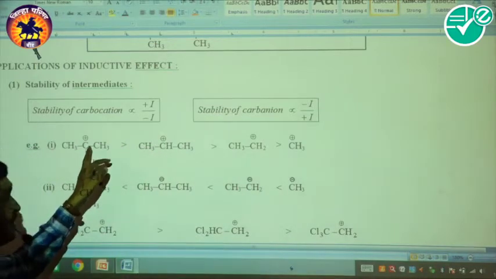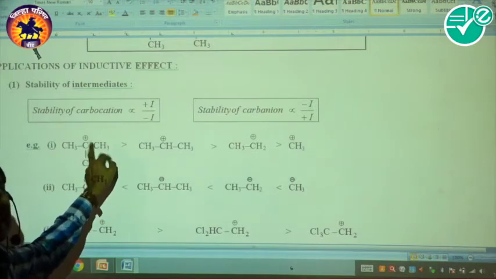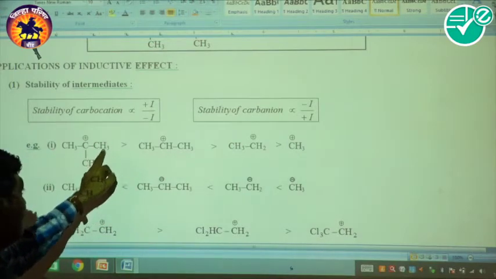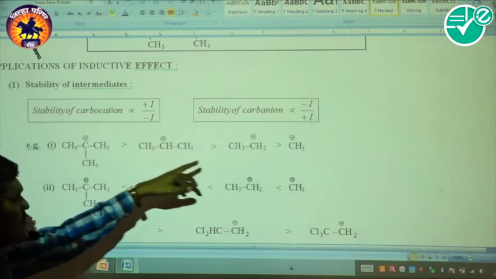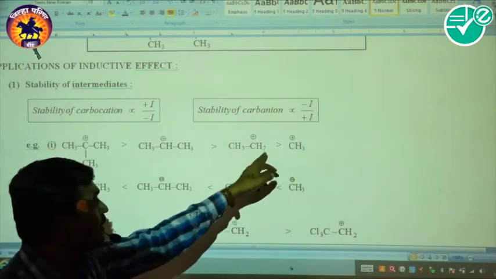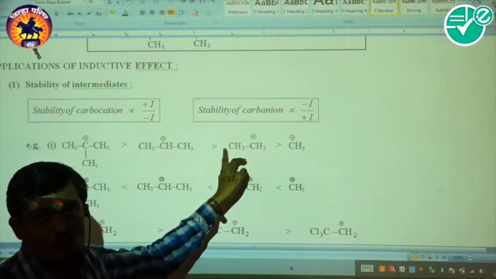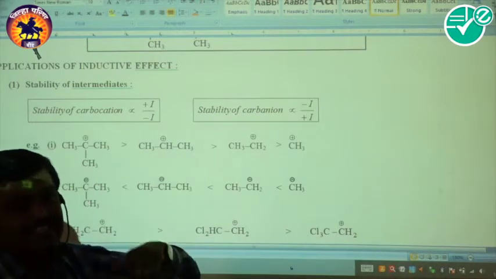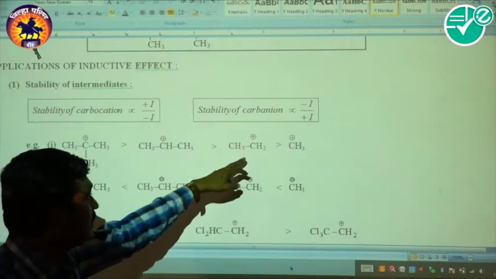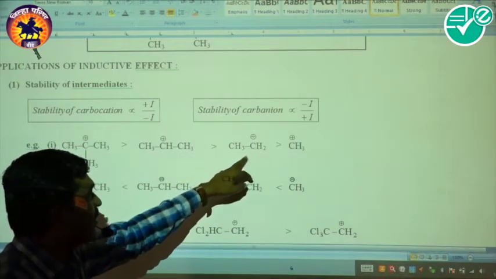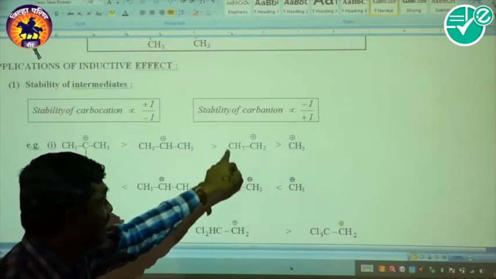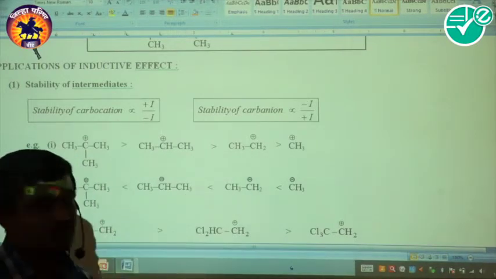So look at here, a carbocation is the electron deficient one. If you consider this primary carbocation, only one methyl group is attached, which decreases the instability of that, or increases the stability, by pushing the electron density towards it.